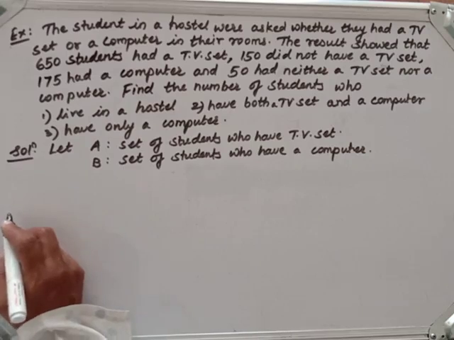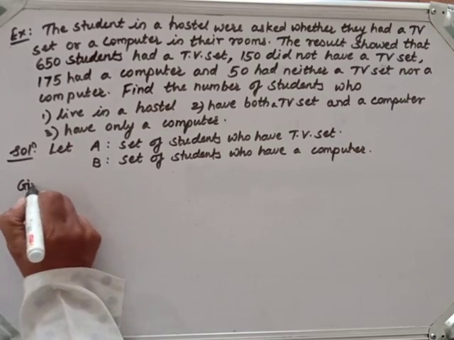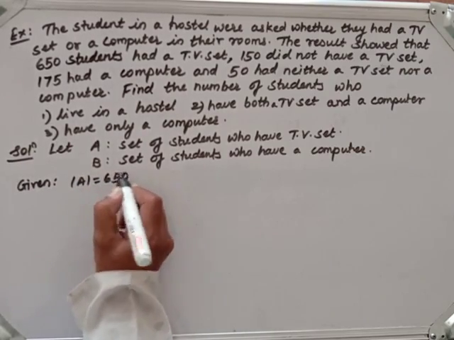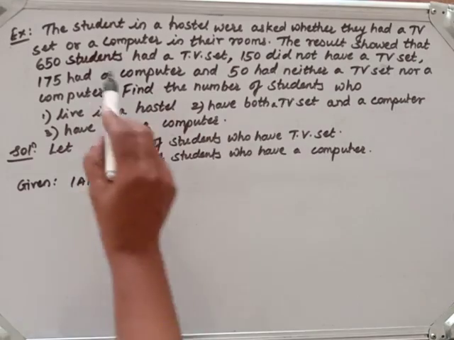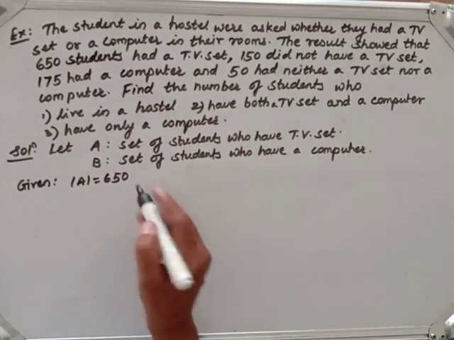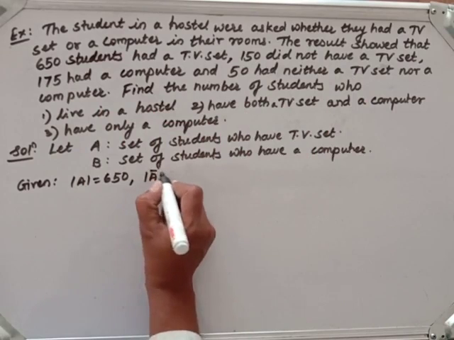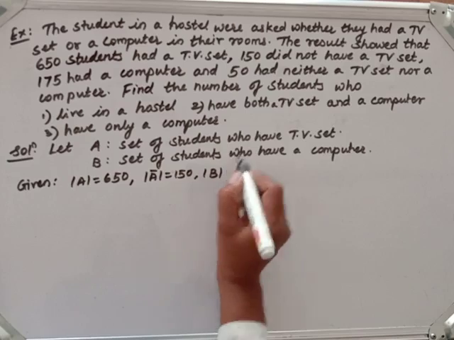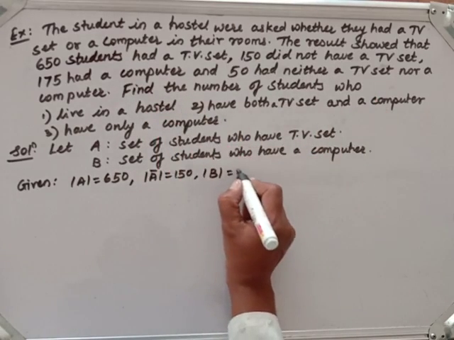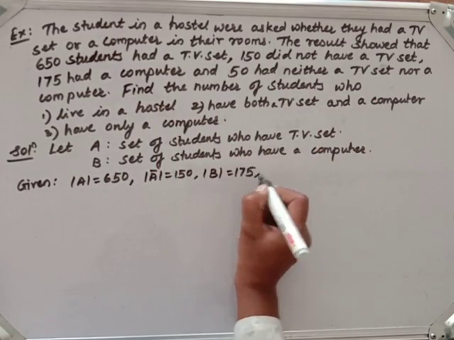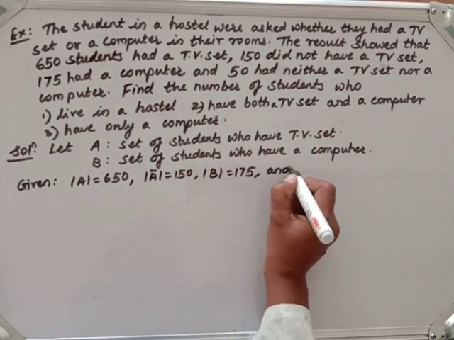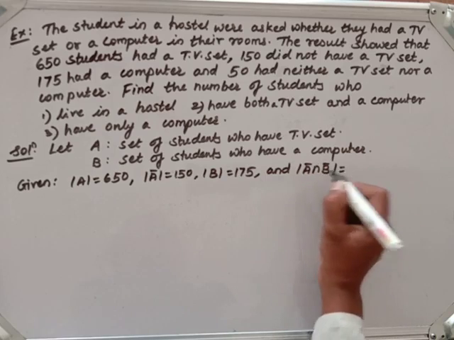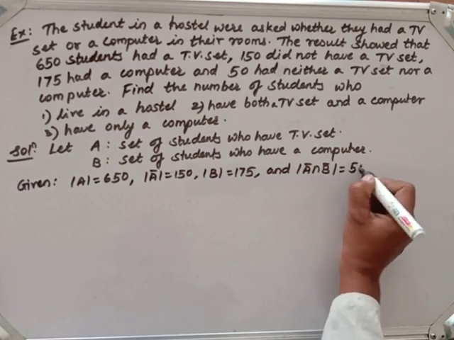Okay. Now, given that, what is given to us? Cardinality of A is how much? 650. Because the 650 students have TV set, 150 don't have a TV set. Means what? The complement of A will be what? 150. Then this cardinality of B is how much? 175. And A bar intersection B bar, none of them, neither A nor B, are how much? 50.